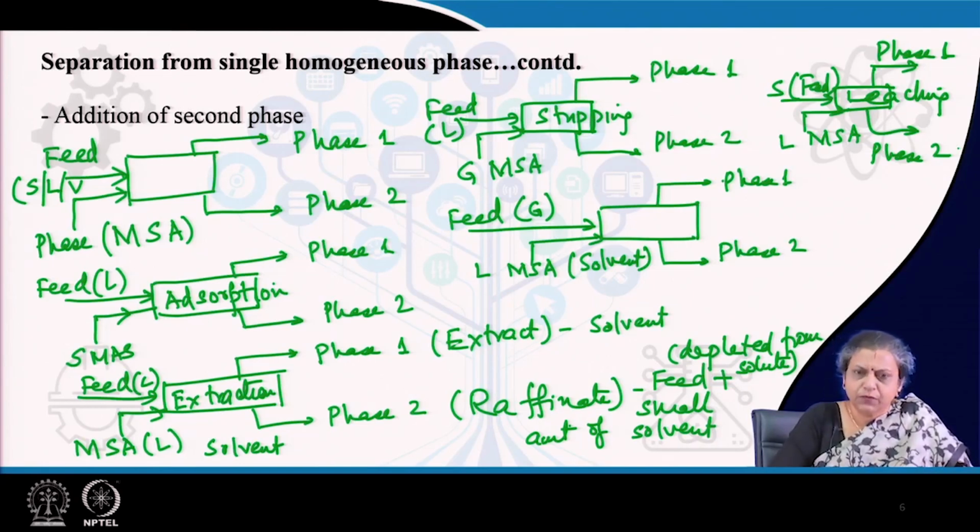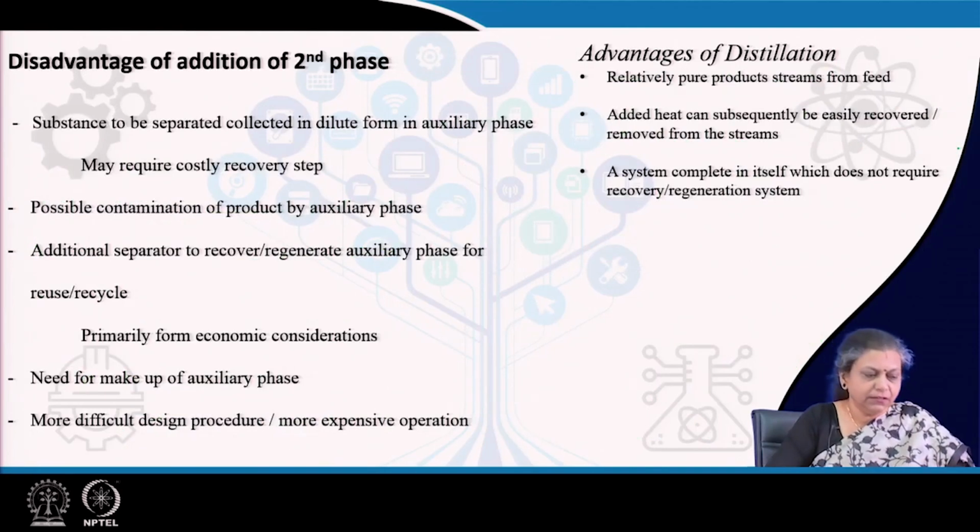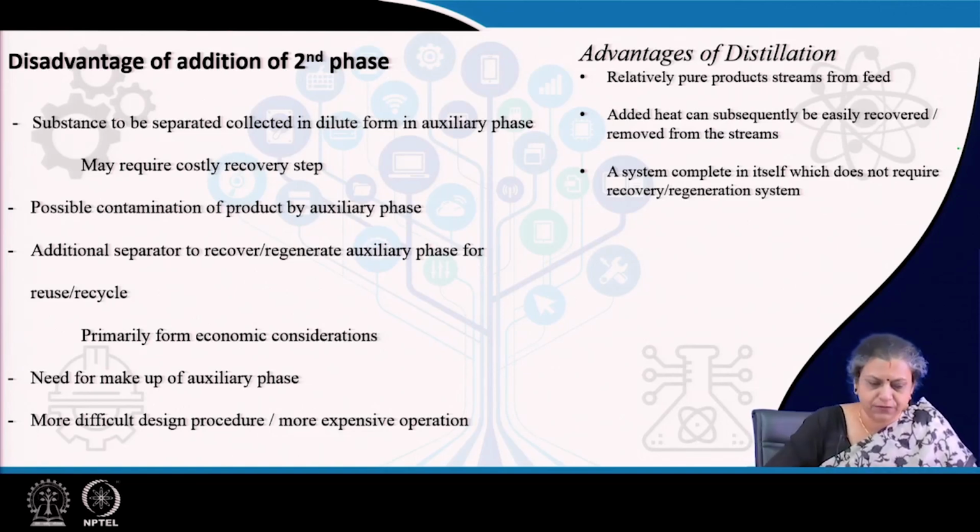In the same way, if you have a toluene acetic acid mixture, you add water to preferentially dissolve, or preferentially remove, acetic acid from toluene. So, this is an extraction process. These are different ways by which we can add a second phase and effect mass transfer between the two phases, and the separation can be achieved.